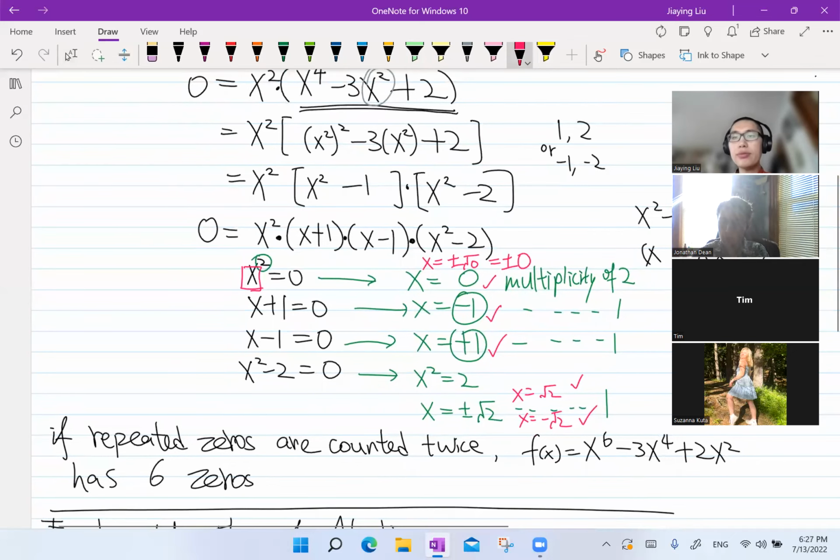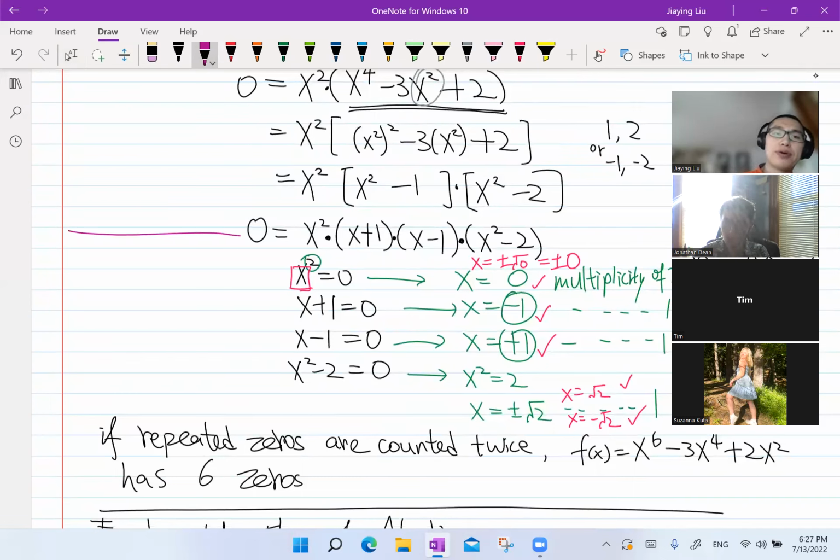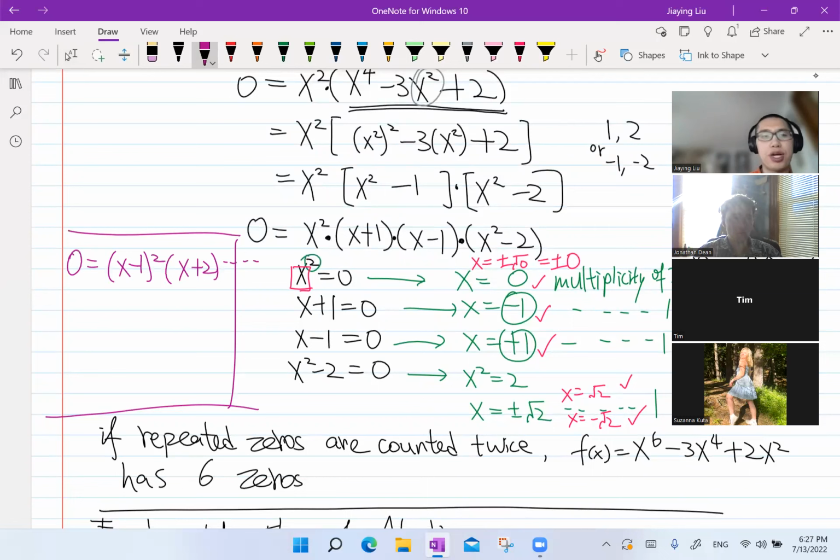So is it just with 0 then? With zeros, or if we had, let's see, for example, at some point we have this expression, 0 equals, let's say, x minus 1 squared times x plus 2 or something, right? So if we set the first factor equal to 0, we get x minus 1 squared equals 0, then we can take a square root on both sides.